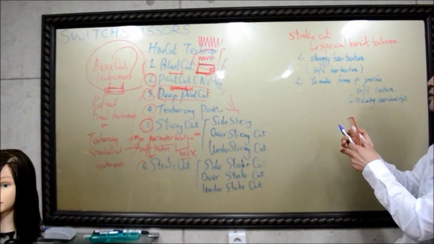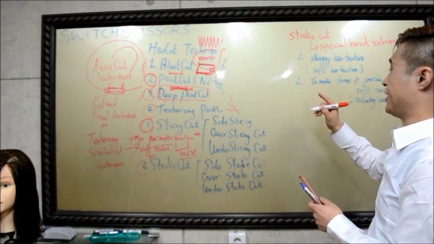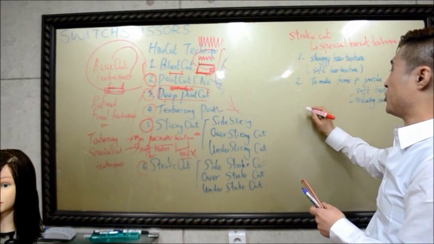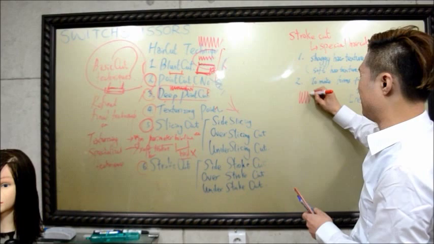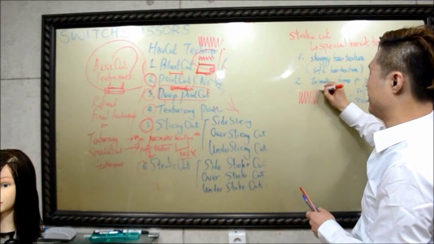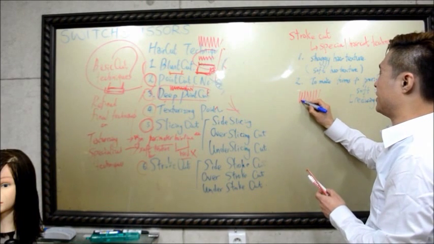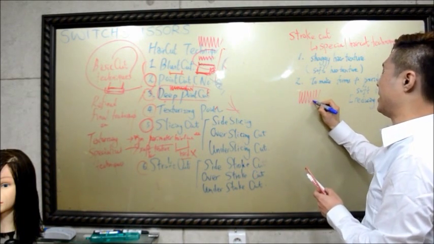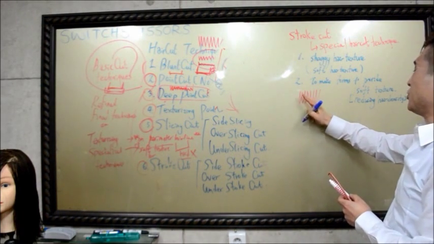Because if we cut the hair with the medium stroke, the hair structure becomes airy like this. So it means reducing hair density, because the hair is thinned out and the result looks soft.